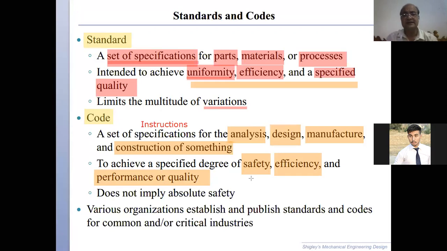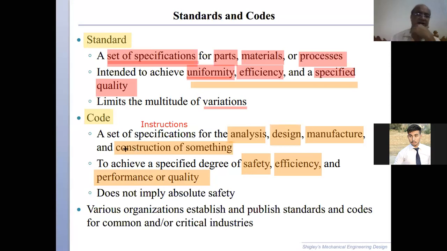So these are a set of instructions how to do things. Okay? If you have to enter into a construction zone, you should have a hard hat. If there are chemicals, you should have steel toe boots. You should wear gloves and things like that.